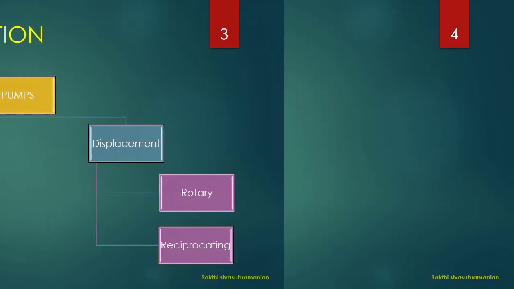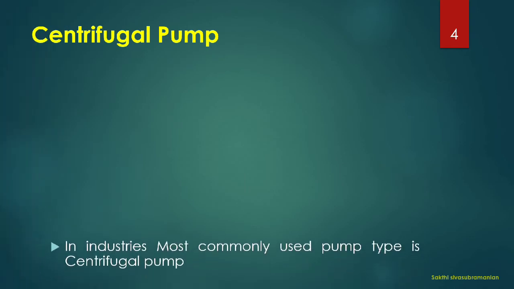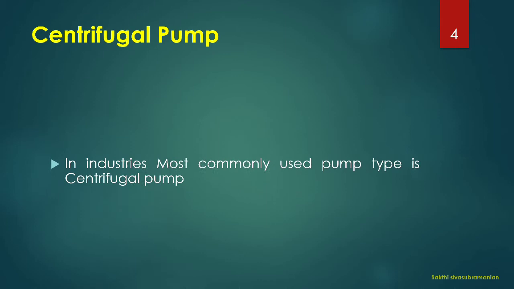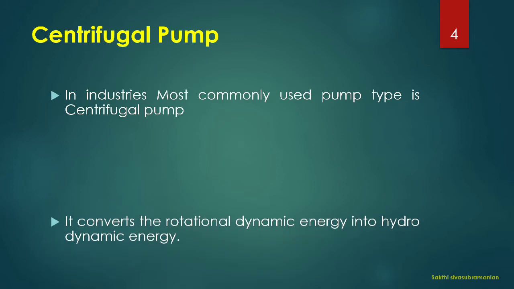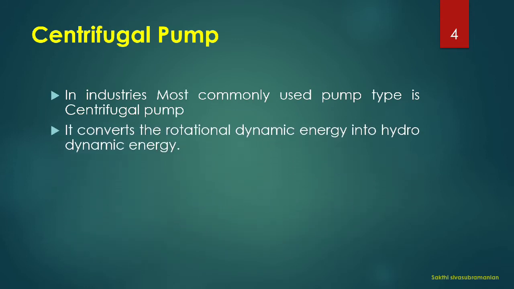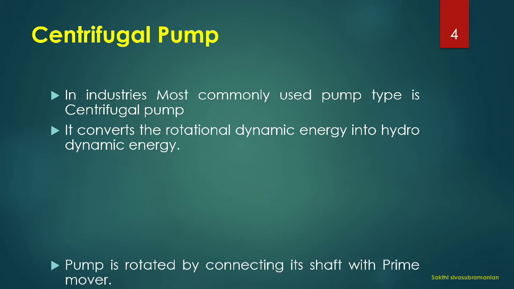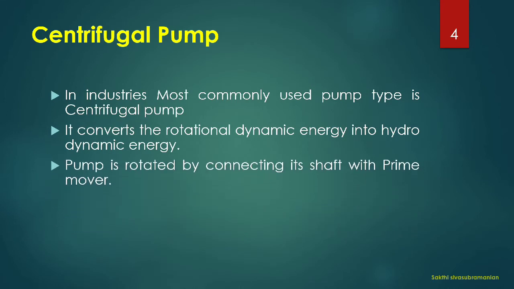Generally, the centrifugal pump is the most commonly used pump in industries. It converts the rotational kinetic energy into hydrodynamic energy, and every pump requires one prime mover to rotate it. The prime mover is connected to its shaft for rotation.